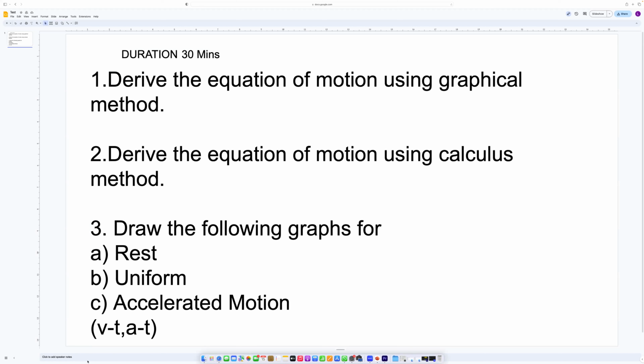Is it for rest and uniform respectively? The V-T graph and A-T graph for all the three scenarios. Okay. Velocity-time graph for rest, uniform motion, and accelerated motion. A-T graph for rest, uniform, and accelerated. Got it? Okay. Can you give 5 more minutes time?